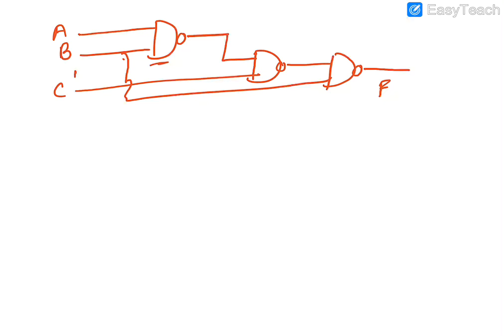The output of this NAND gate will be (A dot B) whole prime. This is NAND logic, so this will be equal to A prime plus B prime. The output of the second NAND gate will be equal to (A prime plus B prime) dot C prime, whole prime.